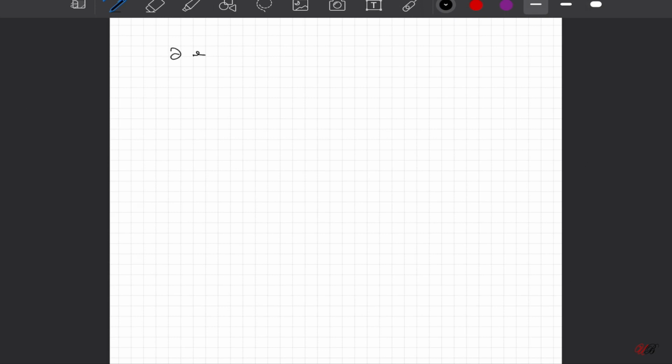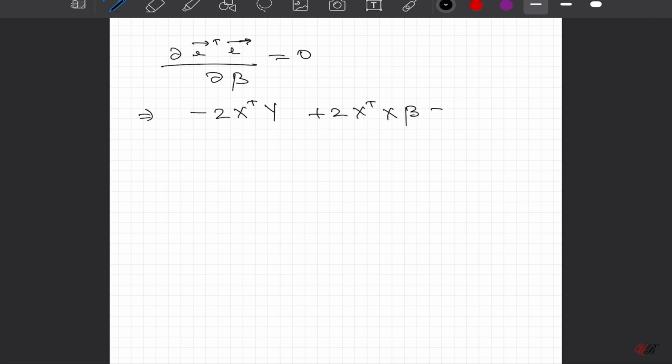We can say that the differentiation of error transpose error with respect to beta should be equal to 0, which implies minus 2 x transpose y plus 2 x transpose x beta is equal to 0, which implies x transpose y equals x transpose x beta. Now to calculate beta, we multiply both sides with the inverse of x transpose x, under the assumption that x transpose x is invertible.